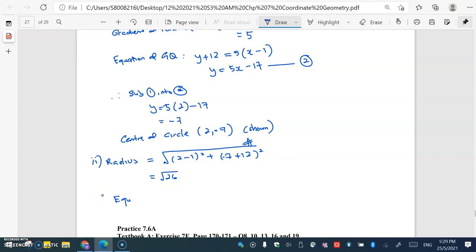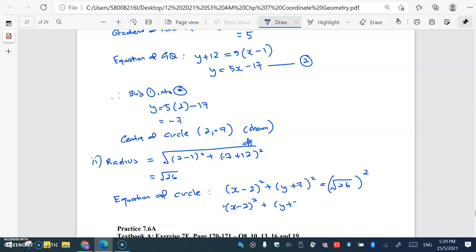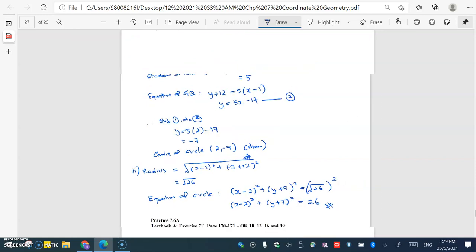So therefore, the equation of the circle is (x - 2) squared plus (y minus negative 7) squared equals square root 26 squared. So that's (x - 2) squared plus (y + 7) squared equals 26. There you go. Equation of the circle.